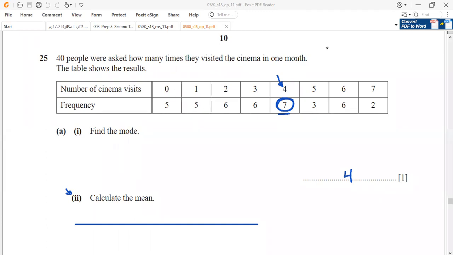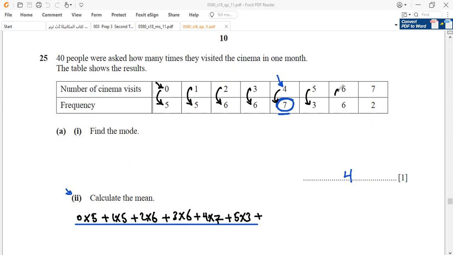Here we will multiply each number up by the corresponding number down: 0 times 5 plus 1 times 5 plus 2 times 6 plus 3 times 6 plus 4 times 7 plus 5 times 3 plus 6 multiply 6 plus 7 multiply 2.